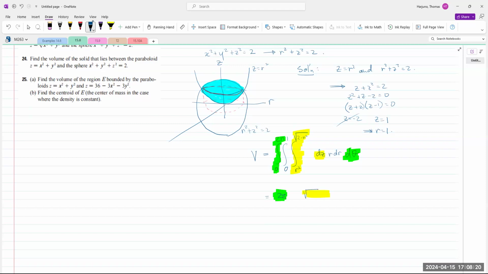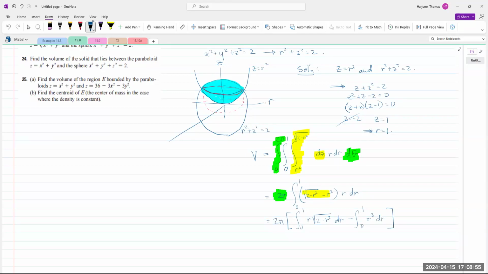So that will be square root of 2 minus r squared minus r squared, integral from 0 to 1, r dr. How to do this? I think I need to split the integration. So 2 pi times the integral from 0 to 1 of r square root of 2 minus r squared dr minus the integral from 0 to 1 of r cubed dr.